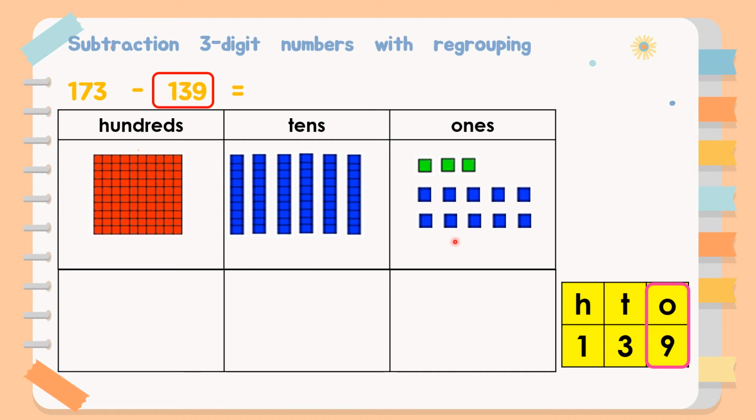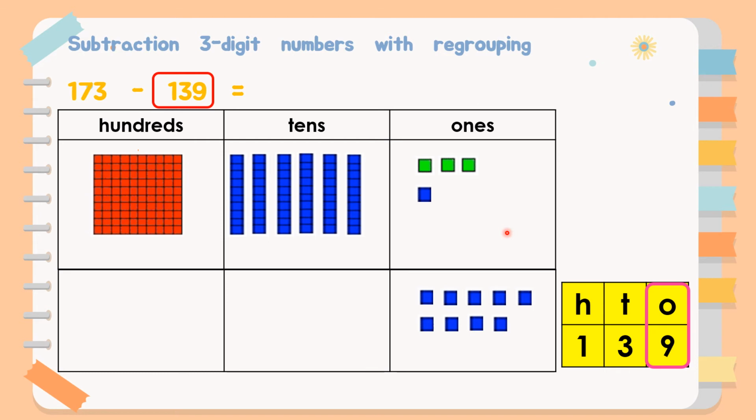Can we take away 9 from 13? Yes, we can. Let's move 9 blocks. 1, 2, 3, 4, 5, 6, 7, 8, 9. Now, how many blocks left? Yes, there are 4 ones blocks left. 4 yang tinggal.